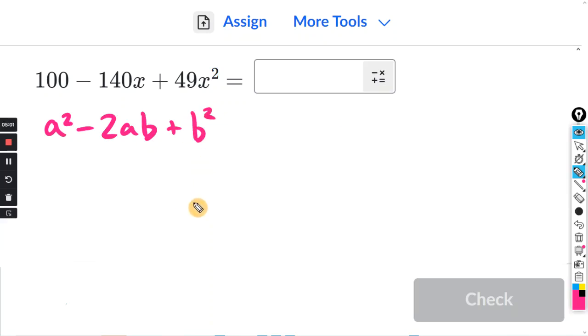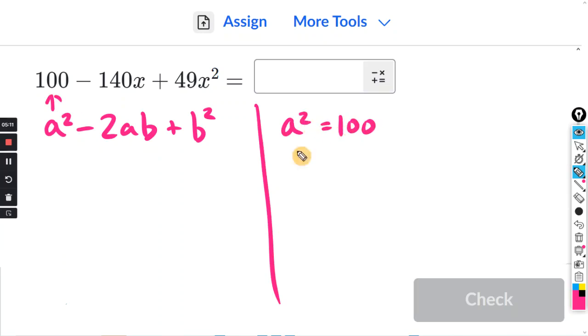Okay, which would mean a squared equals 100. All right, I'll do the work right here. A squared equals 100, and b squared is going to be 49x squared.